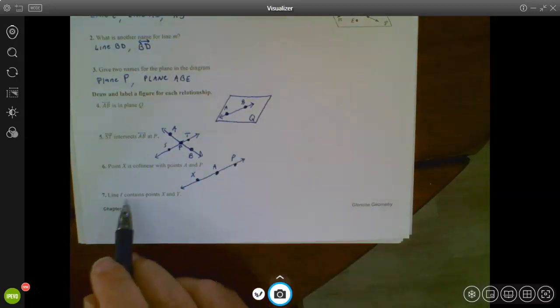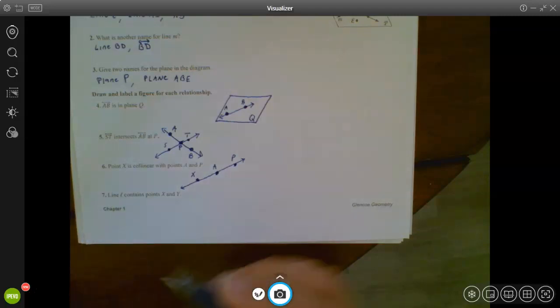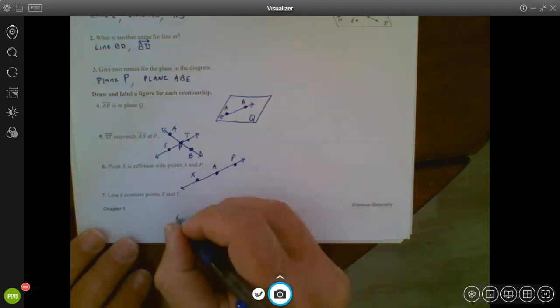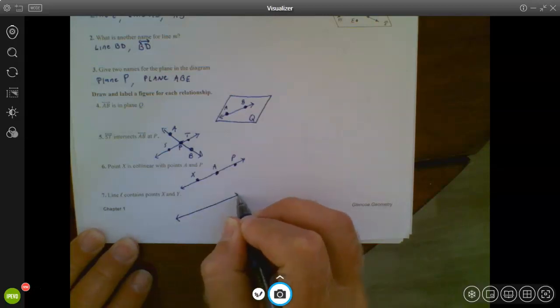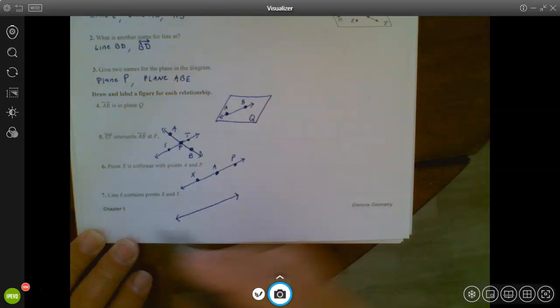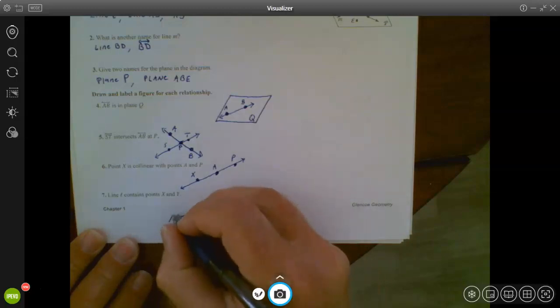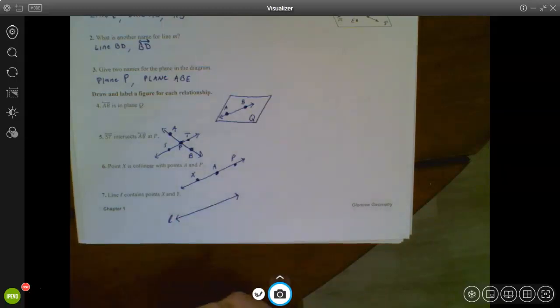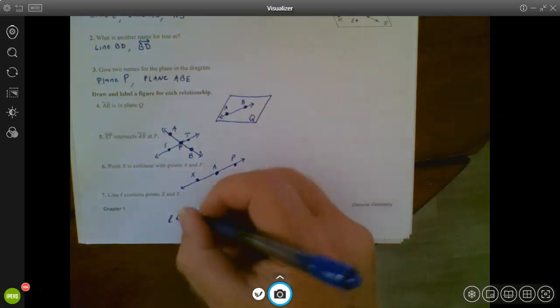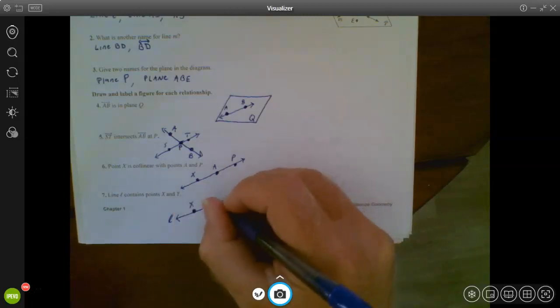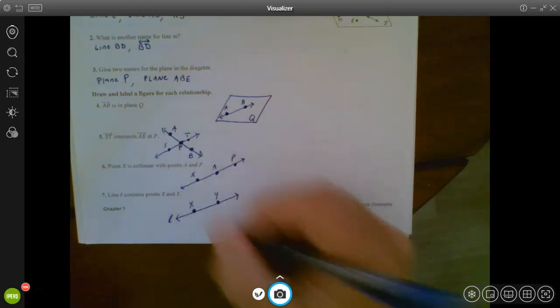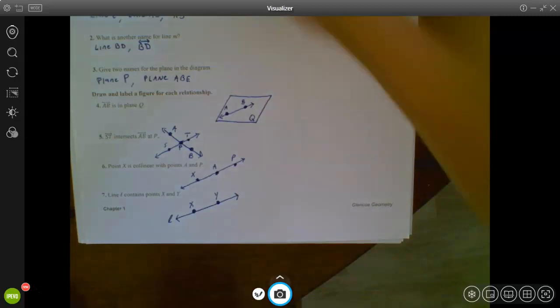And then last one here, line L contains points X and Y. So remember, if it's in cursive, it is just a name, right? It's not a point. So I'm going to put it next to the line. So there's my cursive L, and line L contains points X and Y. So I need to put point X and point Y on that line. So it would look something like that.